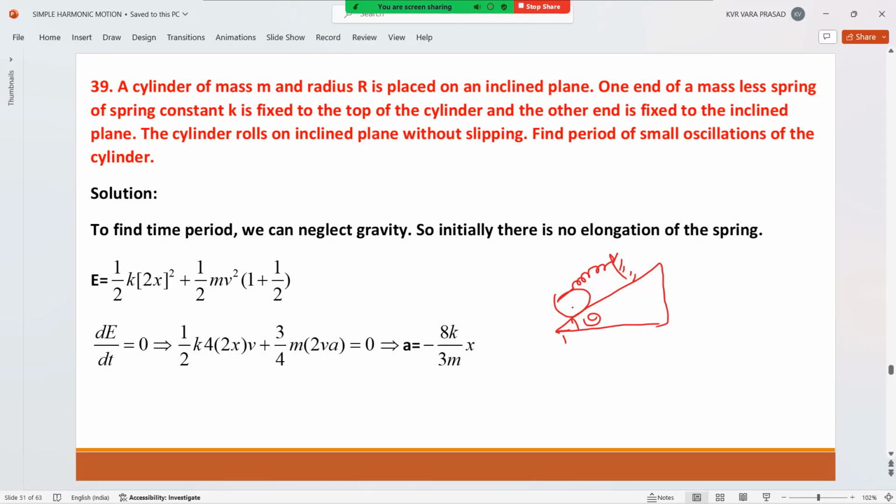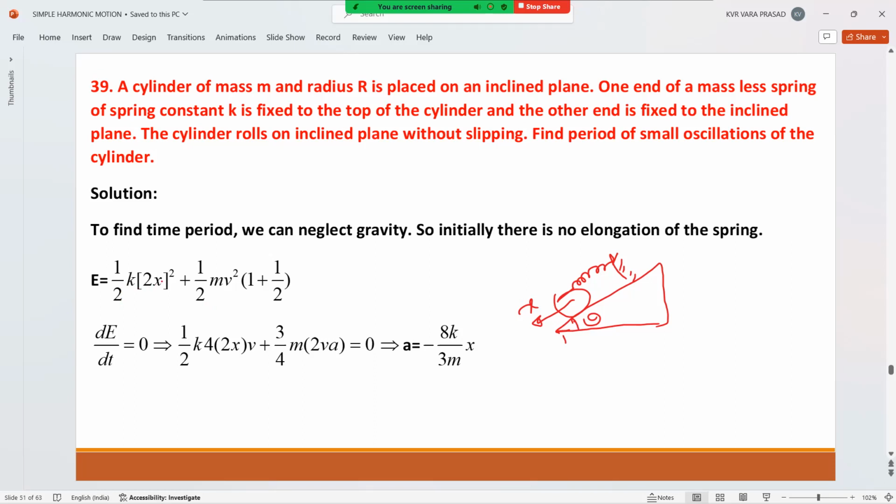First thing. Let us take cylinder is moving down, means axis of cylinder moves down x. Cylinder is now rolling. Suppose axis of the cylinder comes down by x. Then spring elongates by 2x. Now write here energy equation. Half k. Spring elongates by 2x.